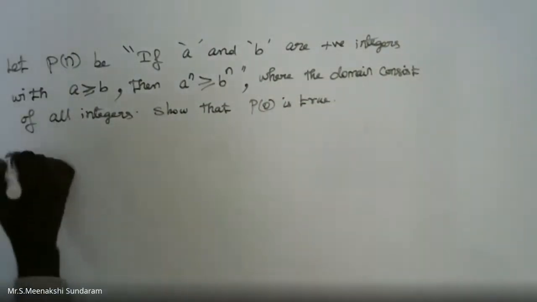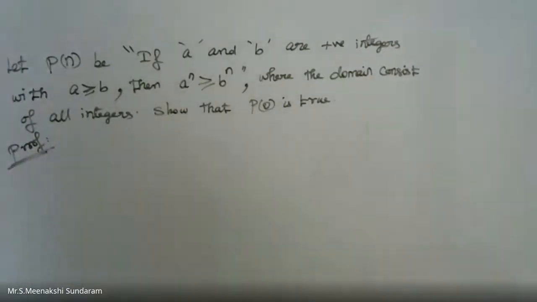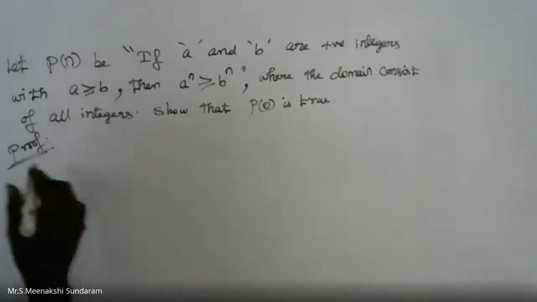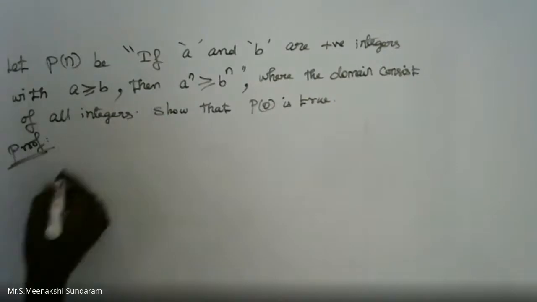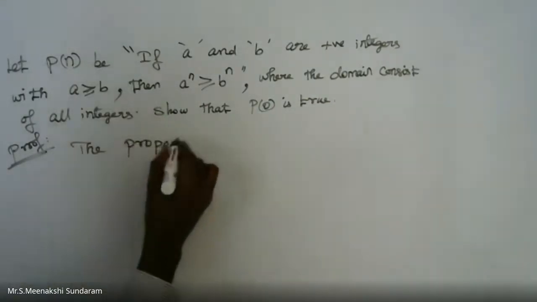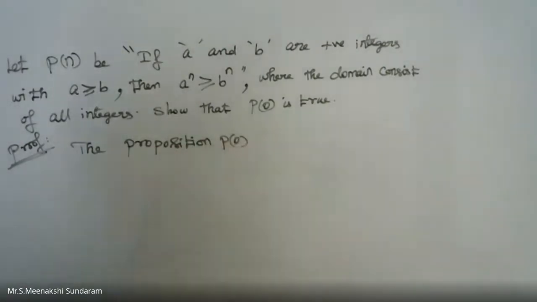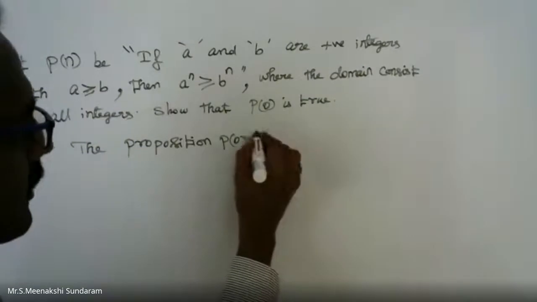Any other idea how to prove this one? P(0) is true, we want to prove. First, what do you mean by P(0)? Actually, this is a proposition. What is P(0)?